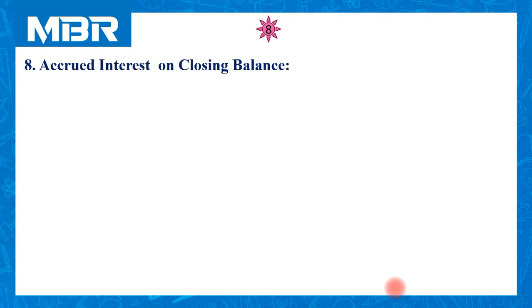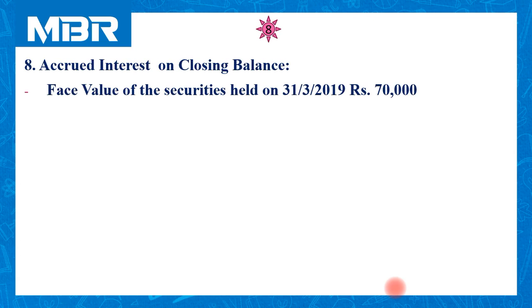Now the last two transactions. Number 8 is related to accrued interest on closing balance, that is, on the last day of the year. On the last day of the year, we are holding securities worth rupees 70,000 that we have decided at the time of preparation of the sequence. Period involved is 3 months, because the last payment date is 31st December 2018.